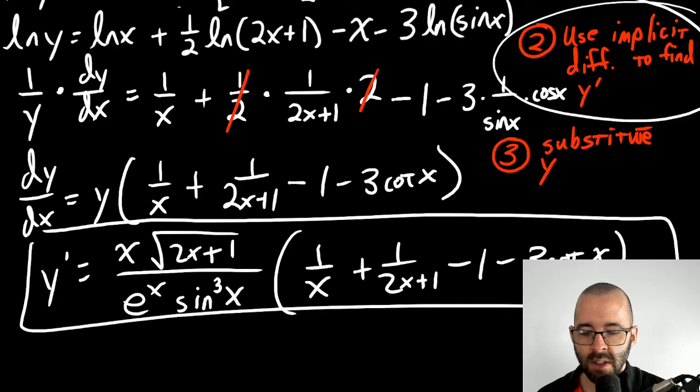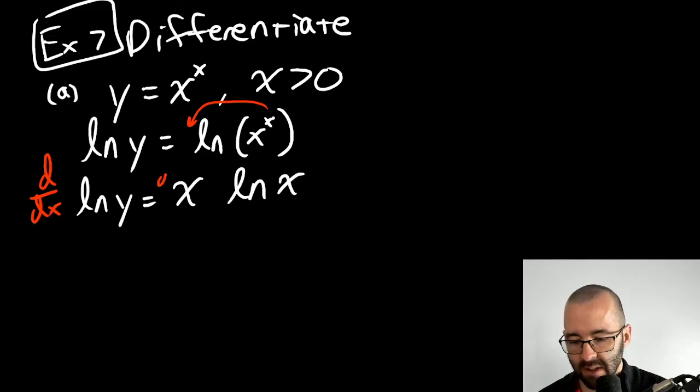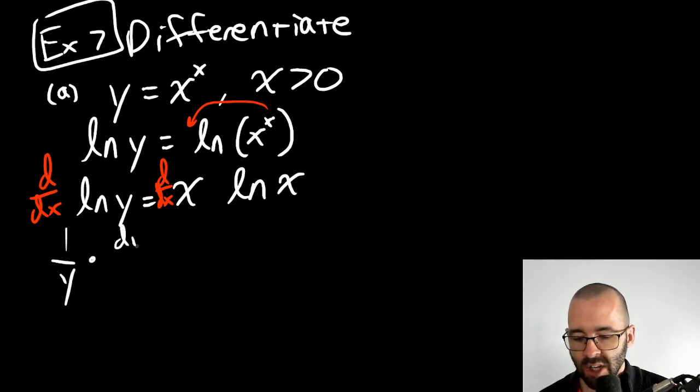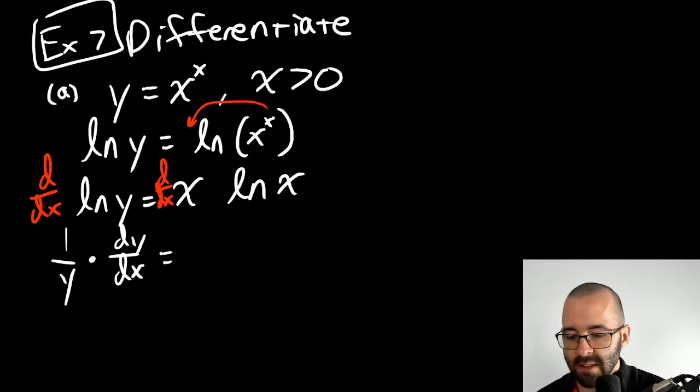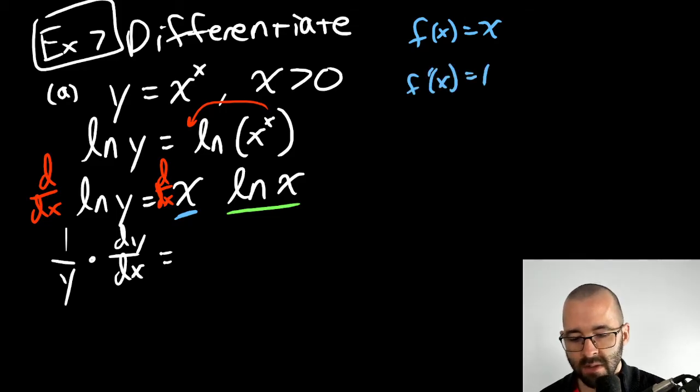Step 2, use implicit differentiation to find y prime. So we take the derivative of both sides. The left-hand side, the derivative of natural log is the reciprocal, and we have to use the chain rule. The derivative of the right-hand side is going to require the product rule, where the first function is x, its derivative is 1.